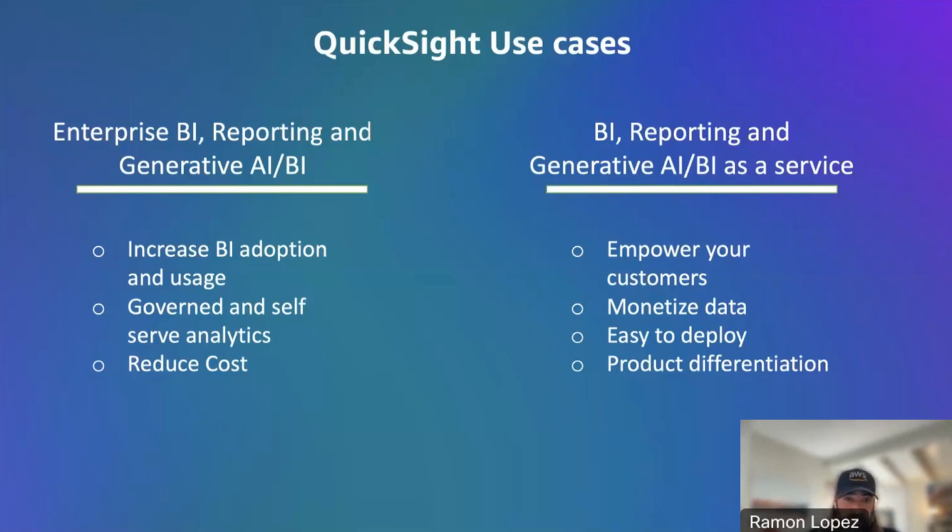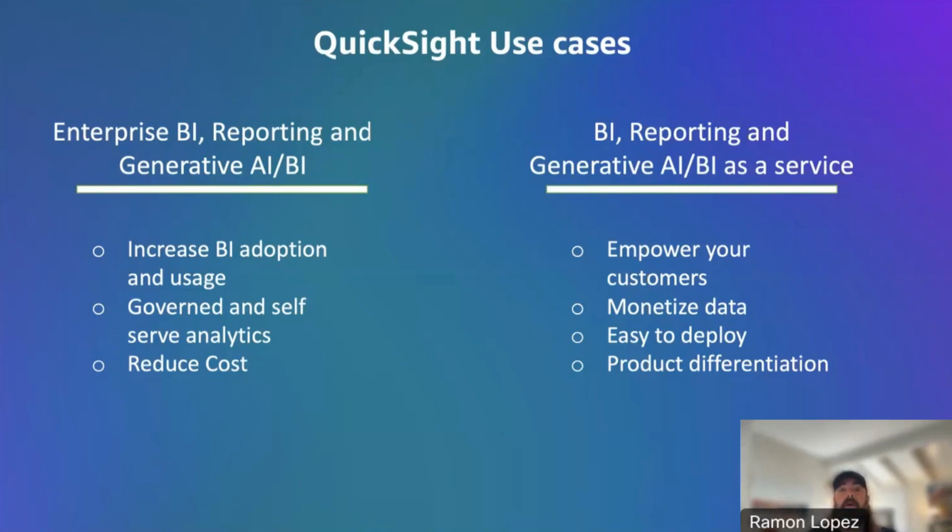This is going to open up governed as well as self-serve analytics, letting those authors or those consumers build what they need to build at a reduced cost. So we're talking here, whatever size organization, small in size, as well as large enterprises with tens of thousands of users, leveraging QuickSight across all those users to gain access to your insights. So that's your standard common internal analysis use case.